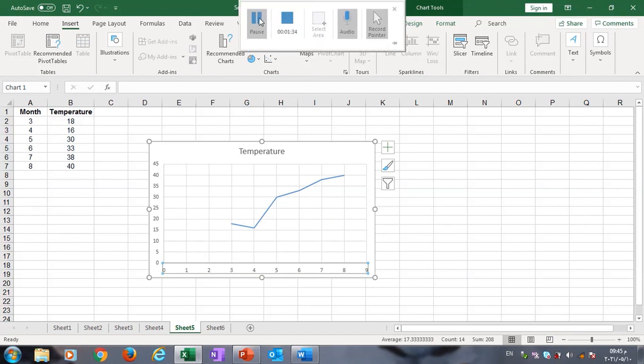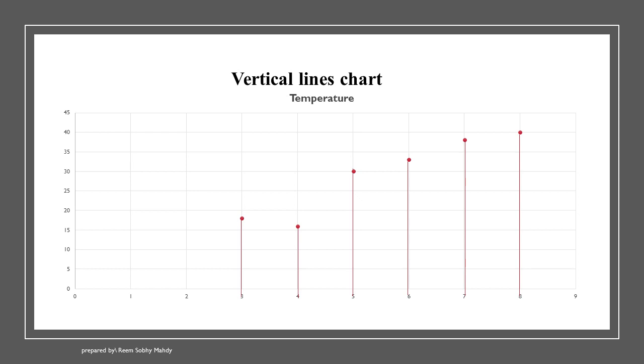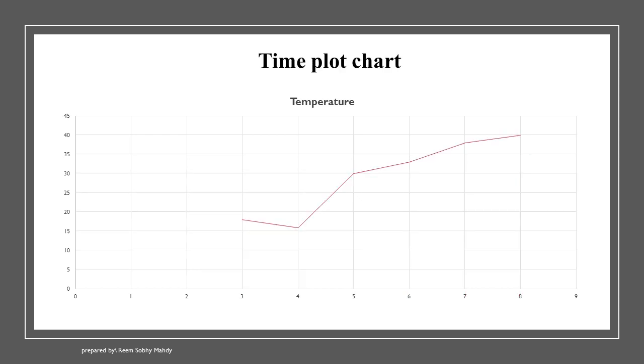chart for our variable, which is the average temperature for each month, and we call the first chart the vertical lines chart. And the second type is the time plot chart, and so we have two types of charts we can use to present quantitative discrete variables, which are the vertical lines chart and the time plot chart.